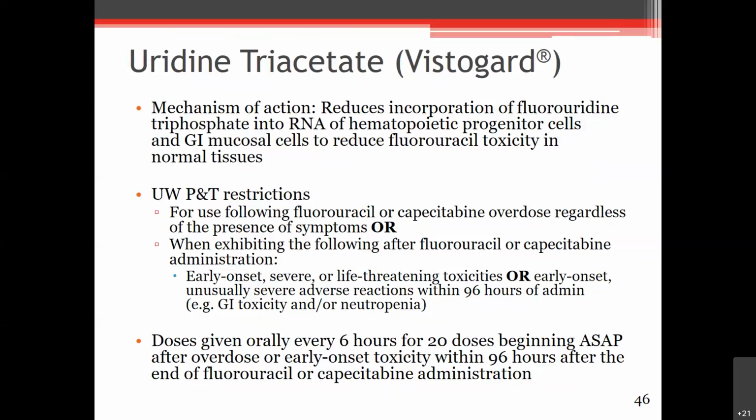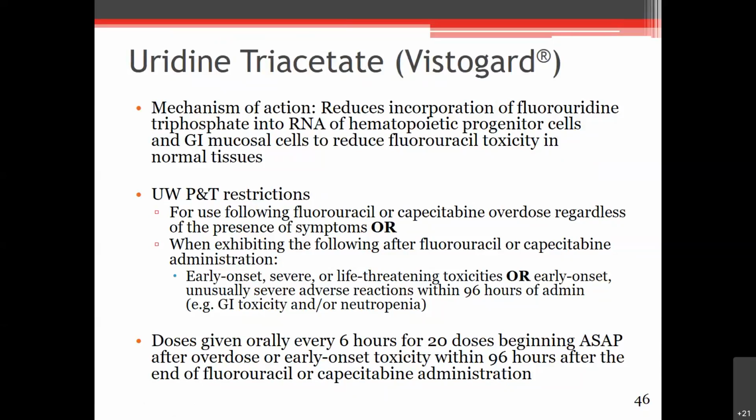So this can be used either following a fluorouracil or capecitabine overdose, regardless of whether the patient's having symptoms, or can be used if patients are having early onset severe or life-threatening toxicities, such as severe toxicities like GI or neutropenia. Doses of this medication are given orally, and it's given every 6 hours for a total of 20 doses.